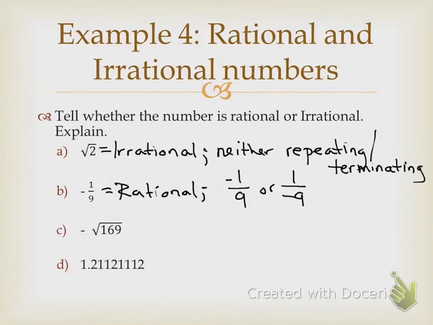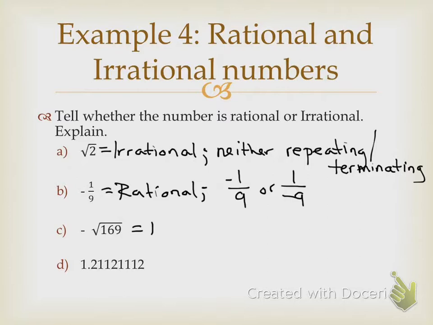What about the negative square root of 169? Rational or irrational, and why? Who thinks it's rational? Raise your hand. Who thinks it's irrational? Raise your hand. Okay, let's try again. Everybody participates. One or the other. It's not neither. Who thinks it's rational? Okay. Who thinks it's irrational? All right. Well, what's the square root of 169? 13.